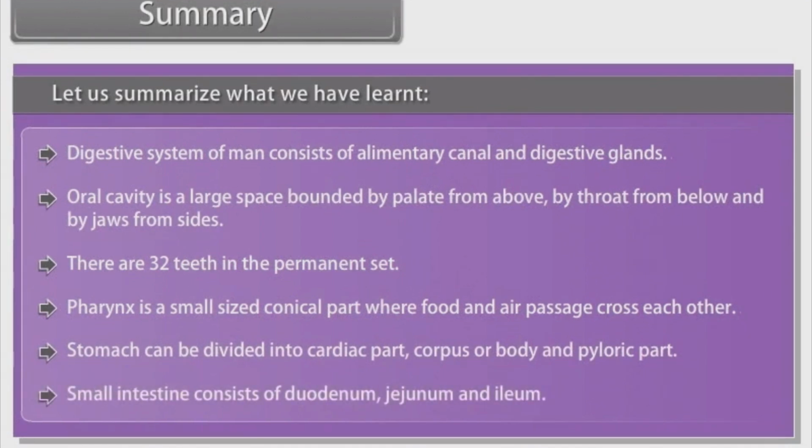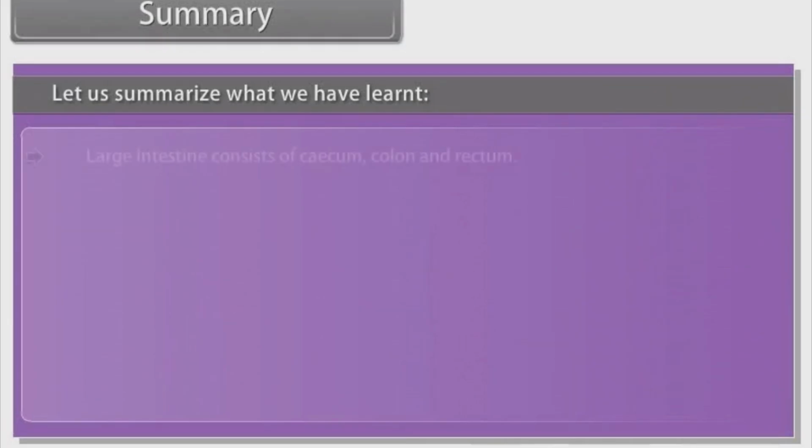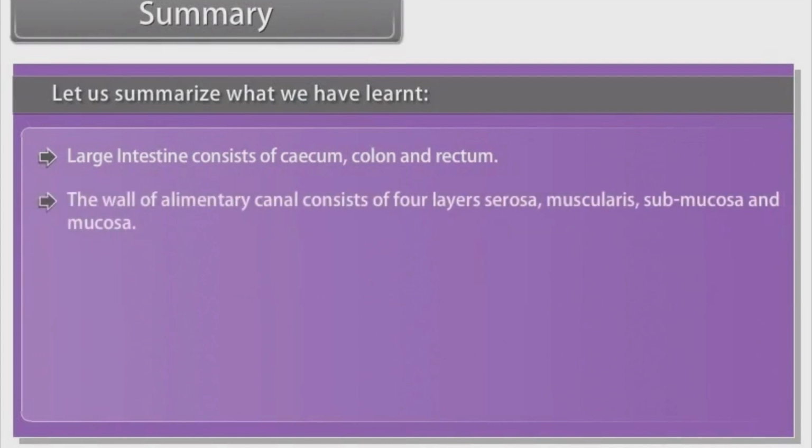The small intestine consists of duodenum, jejunum, and ileum. The large intestine consists of caecum, colon, and rectum. The wall of the alimentary canal consists of four layers: serosa, muscularis, submucosa, and mucosa.